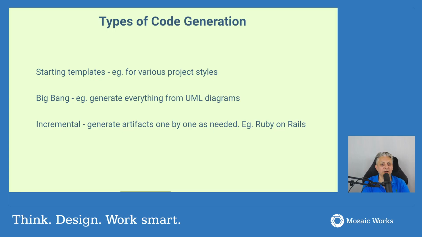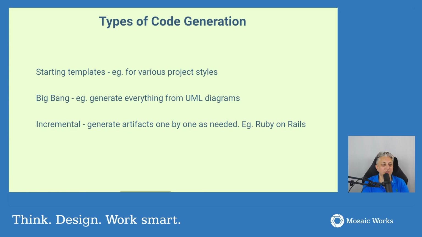And the third one is a more incremental way of generating code. Here the very common example is Ruby on Rails, which was then followed by other technologies, where you generate artifacts one by one as needed.